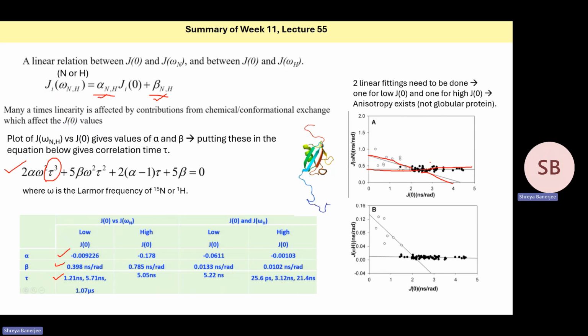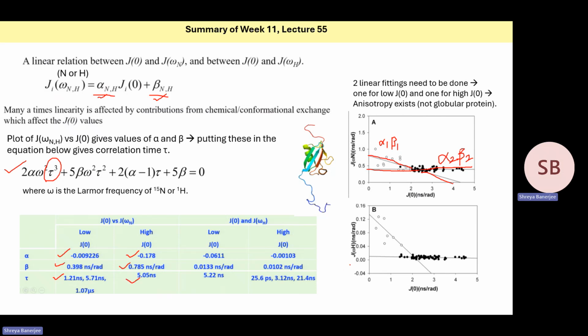Suppose for this you get alpha 1, beta 1. For this you will get another set of values, alpha 2 and beta 2. That will give you another correlation time for high J(0) values.